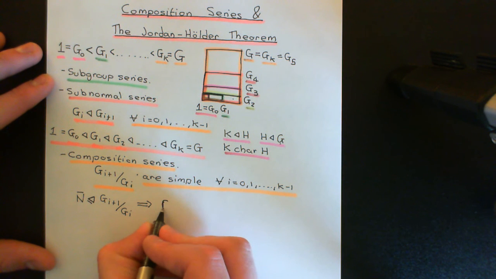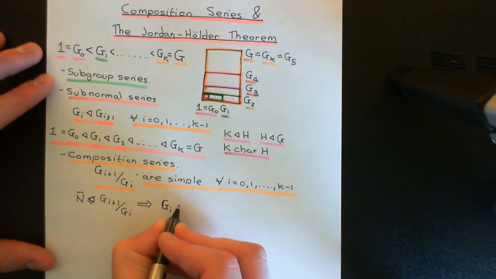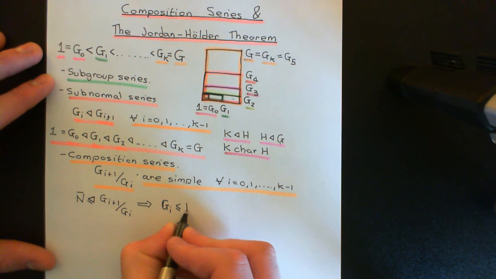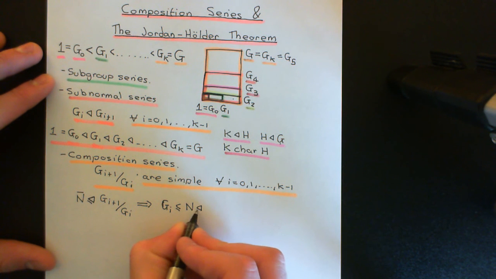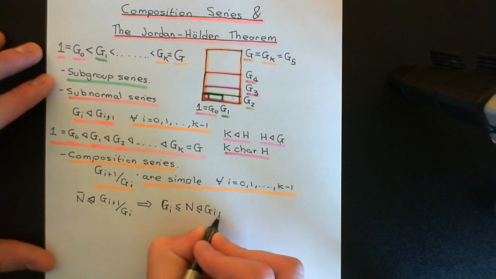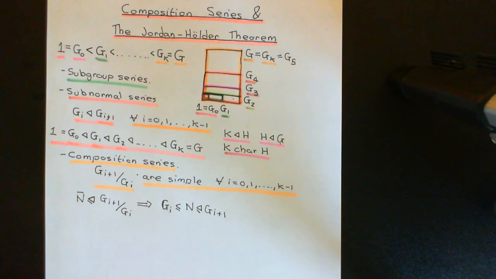So I'll write it like so. Here will be G_i, and then you'll have this subgroup N, which will be normal inside G_{i+1}. Okay, so this is what the correspondence theorem tells us.